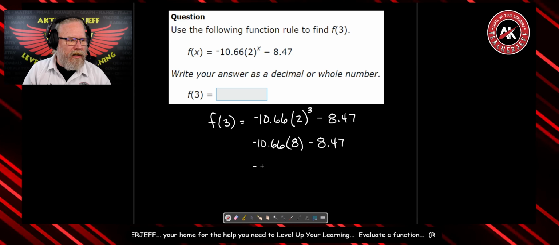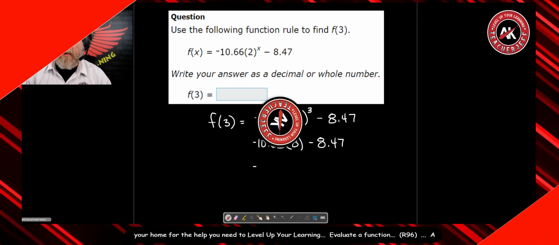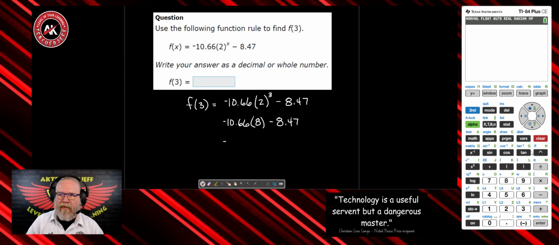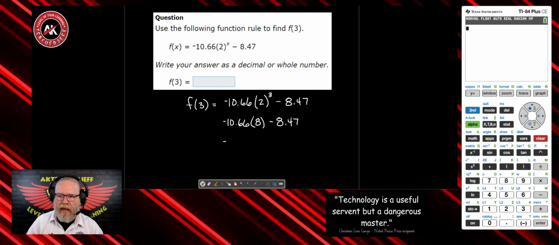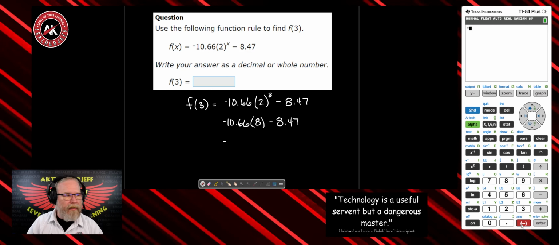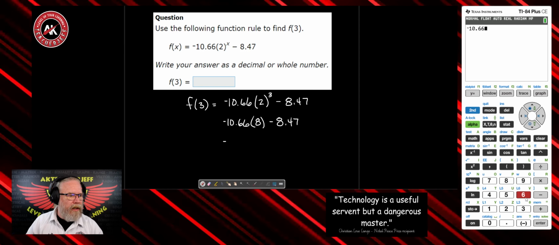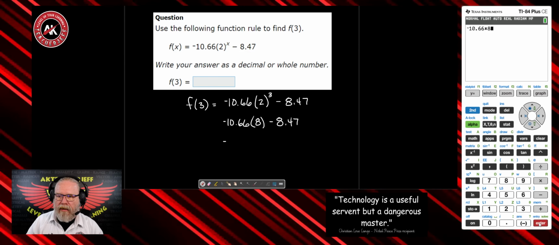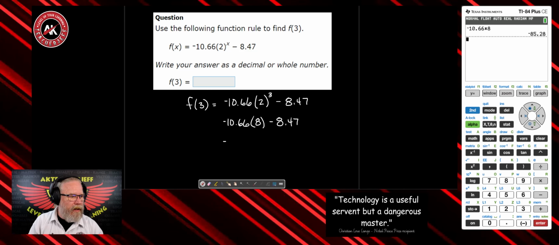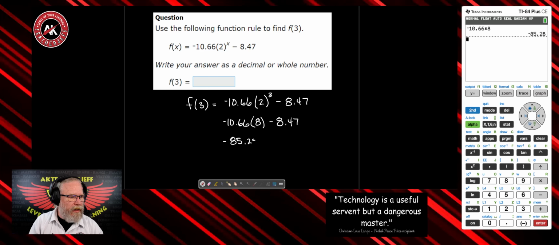In this case, I want to do this multiplication and use a calculator for this one. Clear my stuff out from the last one, and let's do a negative. Remember, that negative sign is different than a subtraction sign. It's down there next to the enter button. So negative 10.66, and I need to multiply that times 8. What do I get? I get negative 85.28.